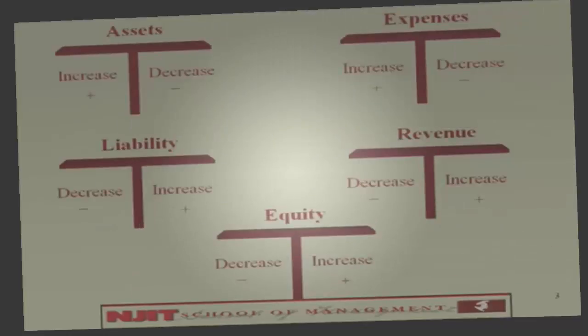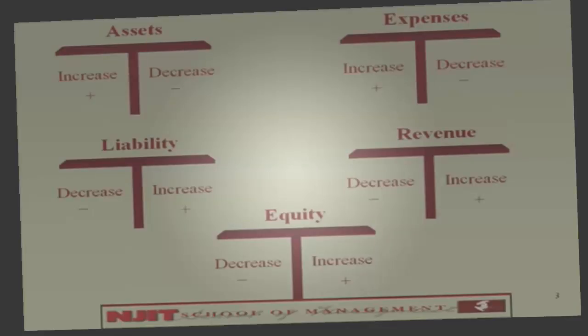These are the laws set up by Pacioli in 1492. For an asset, an increase is shown on the left and decrease on the right. For an expense, an increase is shown on the left and decrease on the right.